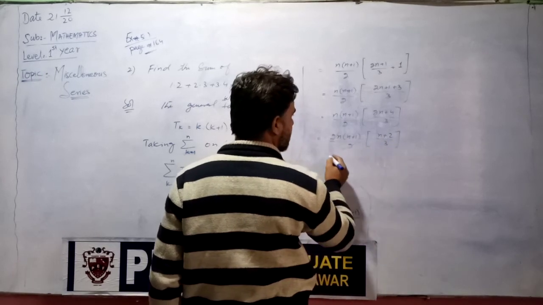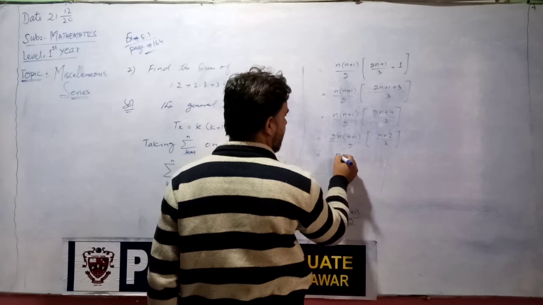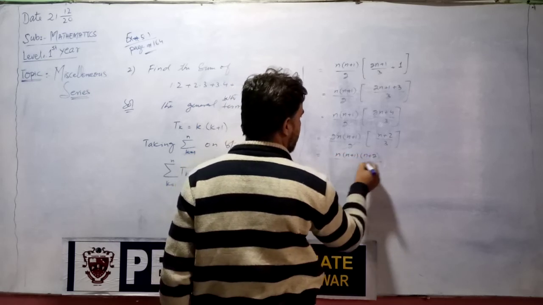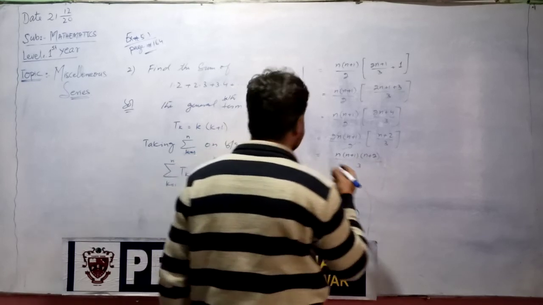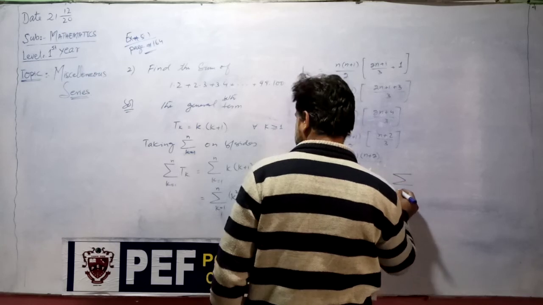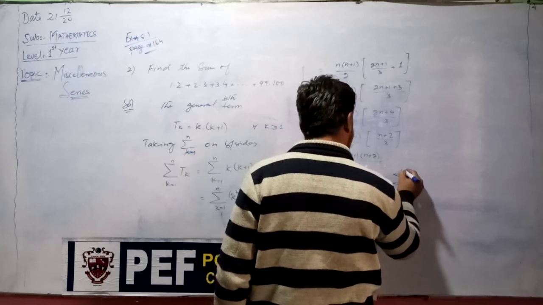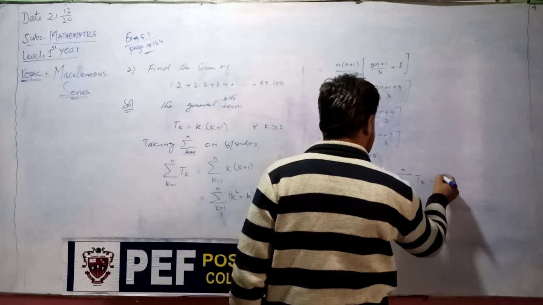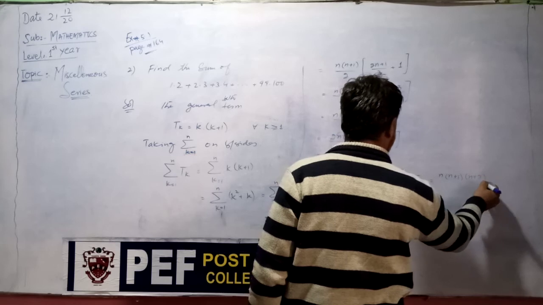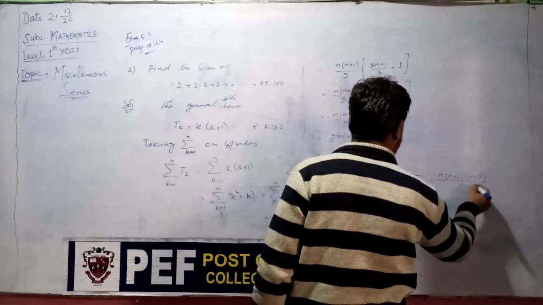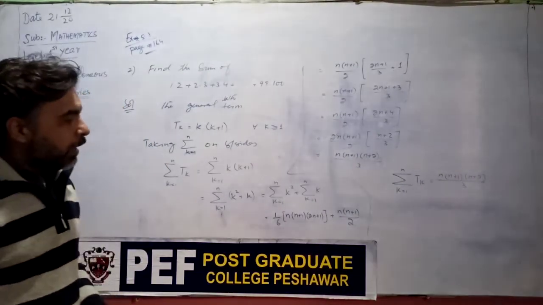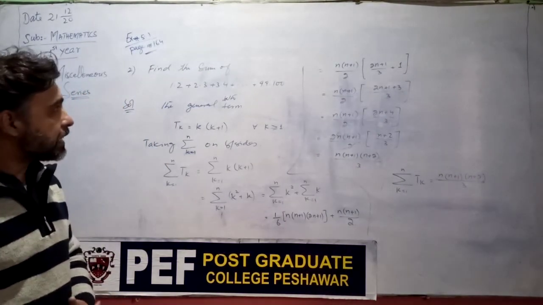The 2 cancels, and we are left with n into n plus 1 into n plus 2 divided by 3. Thus we have calculated the summation of tk, k from 1 to n, and that is n into n plus 1 into n plus 2 divided by 3.